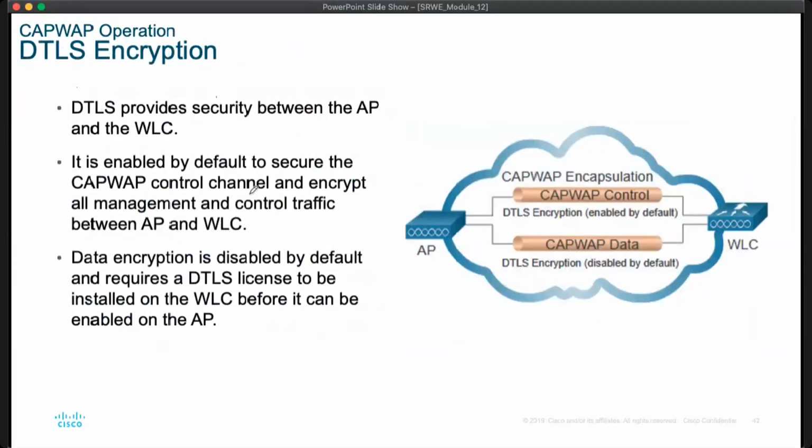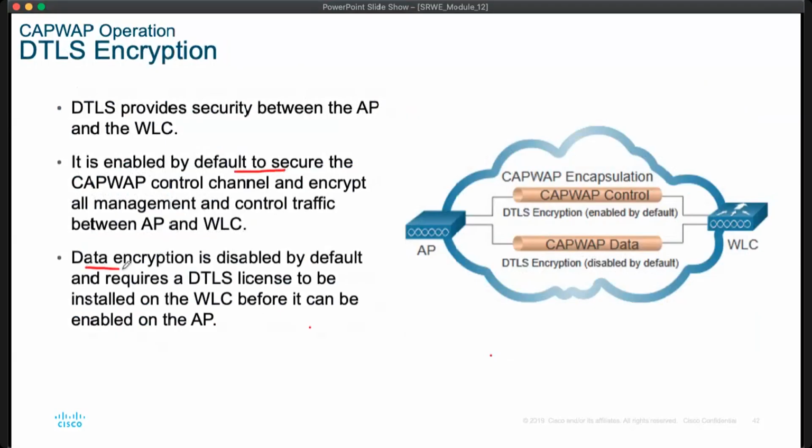DTLS encryption. It is enabled by default to secure the CAPWAP control channel and encrypt all management and control traffic between the AP and WLC.